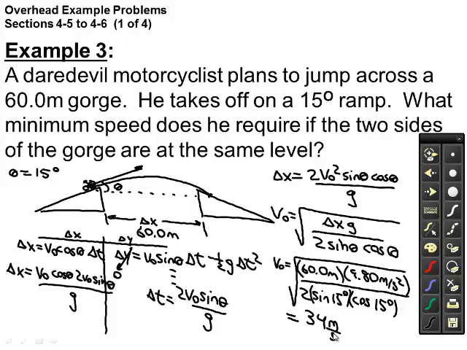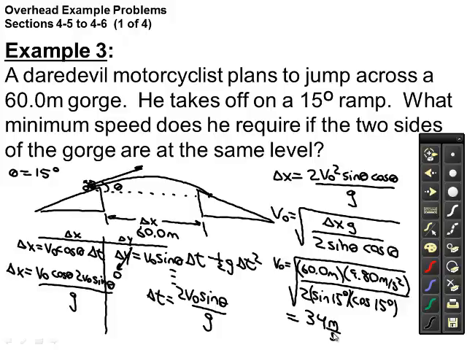So 35 miles per hour is about 15 meters per second. This guy's doing like 70. Probably more than 70 because he's doing 34. So it's a reasonable answer. On a motorcycle, you can definitely do 70. You could do 100 if you wanted to. So could he do this? Yeah. It's in the realm of possibility.